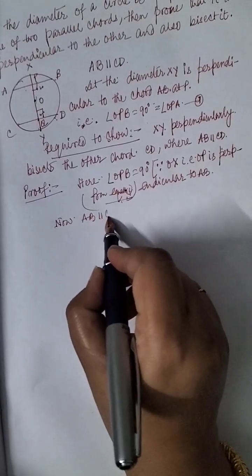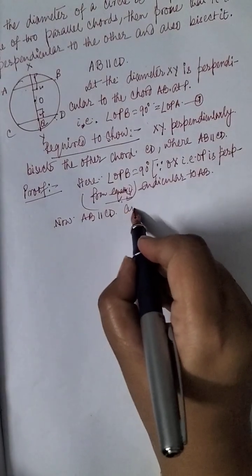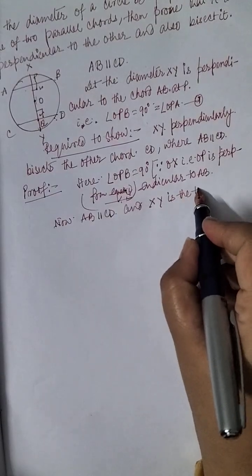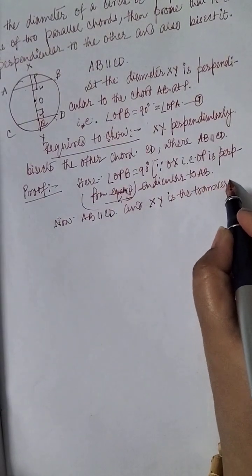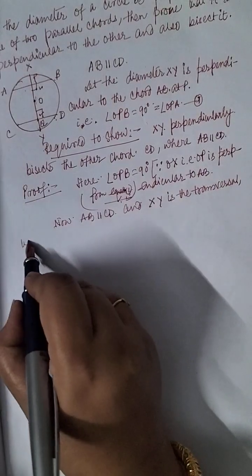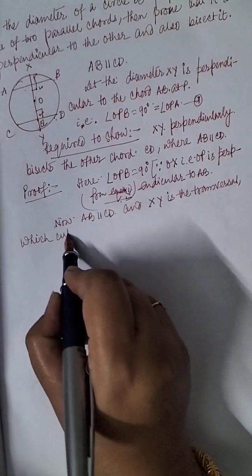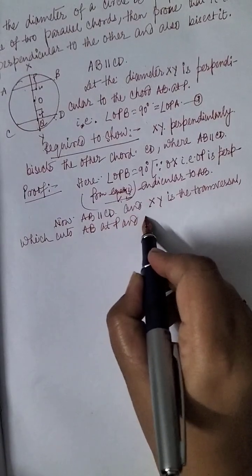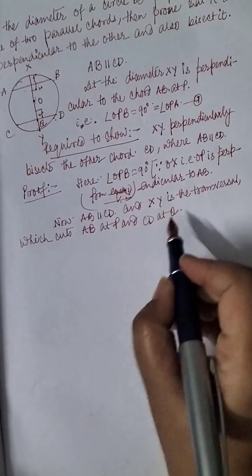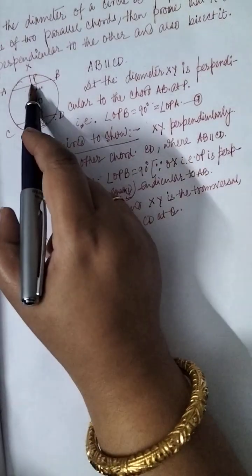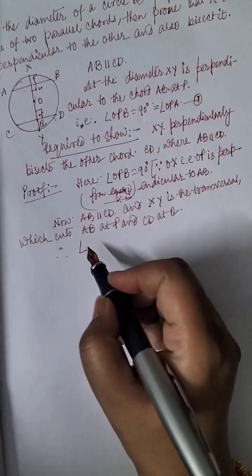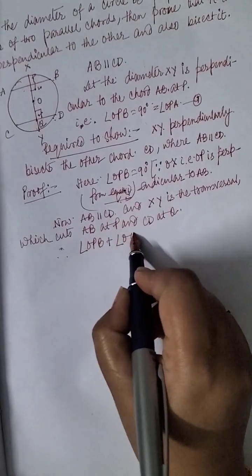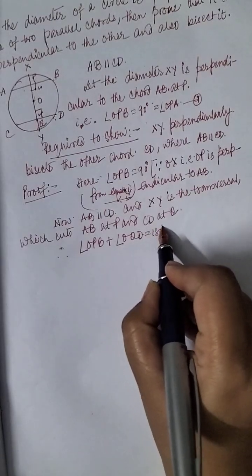Now, AB is parallel to CD and XY is the transversal, which cuts AB at P and CD at Q. Therefore, angle OPB plus angle OQD equals 180 degree.